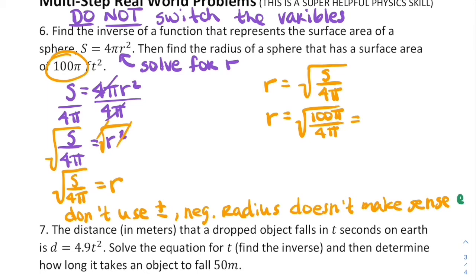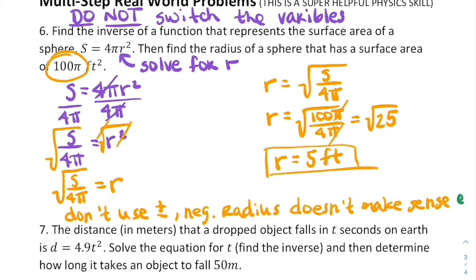Our pi's are going to cancel out, and 100 over 4 can be reduced to 25. And then if I take the square root of that, I'm going to get 5 feet. Square root of 25 is 5. So our radius is 5 feet when our surface area is 100 pi feet squared.